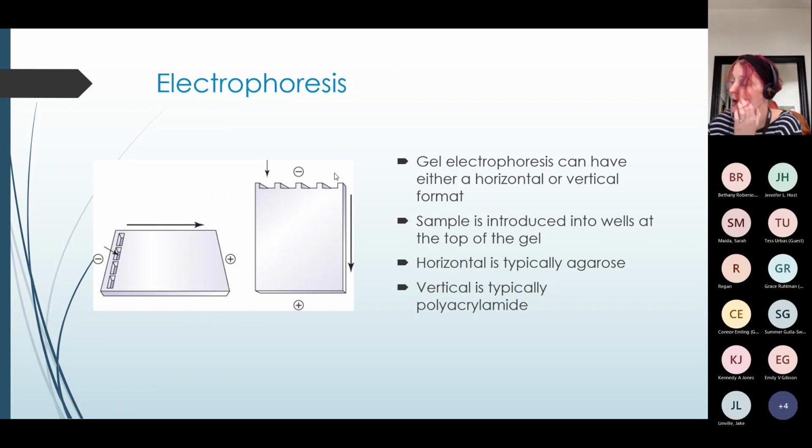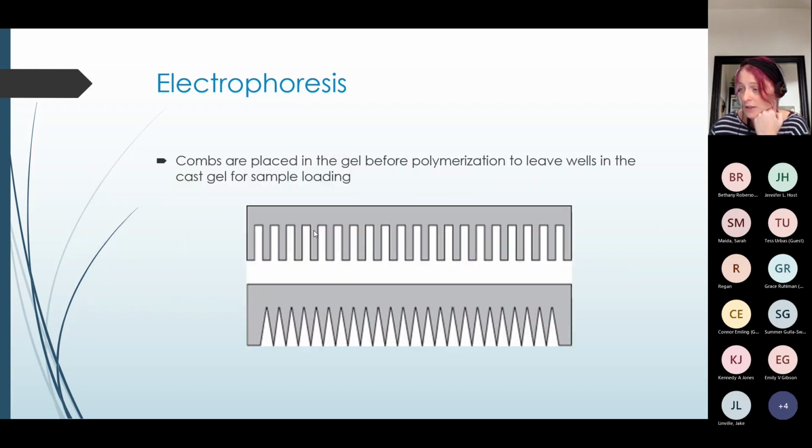So gel electrophoresis can have either a horizontal or vertical format. Again, you load your samples into these sample wells with the dye. I've run both, but horizontal is typically agarose, and that's mainly what I've done. But vertical is polyacrylamide, and I've done this, but not very often.